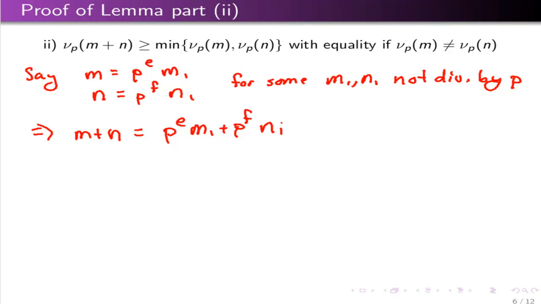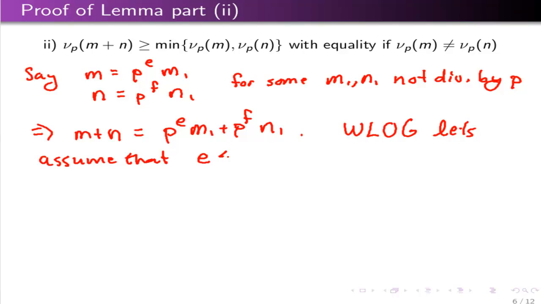So one of these two exponents is bigger than the other, so without loss of generality, let's assume that e is less than or equal to f. So I can always assume one of those two is the bigger one.